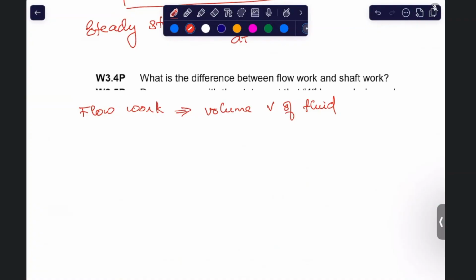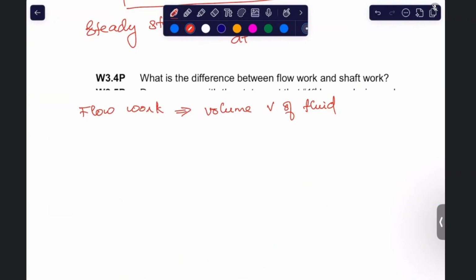So flow work or flow energy, both are the same term. This work or energy is associated with pushing this mass into or out of the control volume.